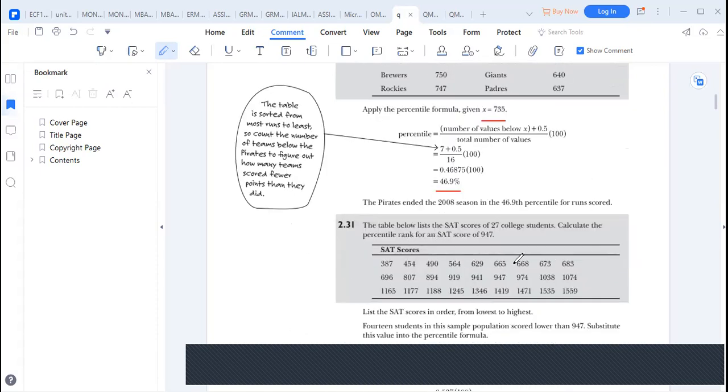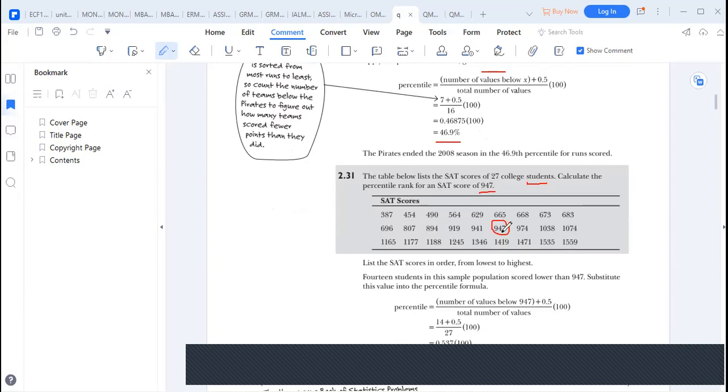We also have 27 college students in here. We are asked to identify the percentile of 947. So let's check they're already in ascending order. And 947, let's identify the 947. So 947 is here. So we have 1, 2, 3, 4, 5, 6, 7, 8, 9, 10, 11, 12, 13, 14, 15. Okay, so 15.